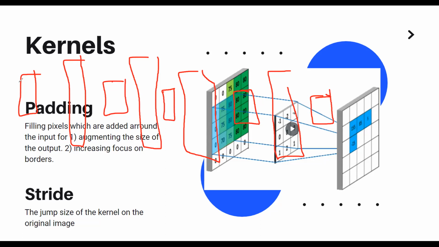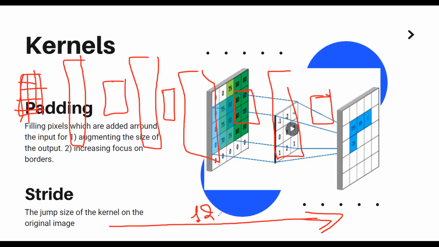So this is a problem when you have, let's say, small input images, and you would like to build a very deep neural network, right? As we said, the bigger and deeper the neural network, the better the performance should be. So if you would like to have a neural network of, for example, 12 layers, you should be able to still have some sort of an image even after the 12th layer.